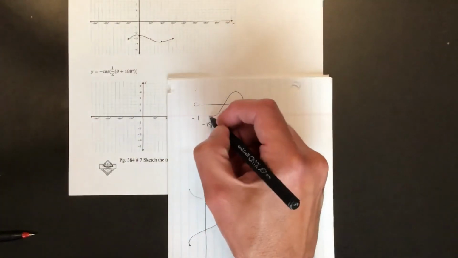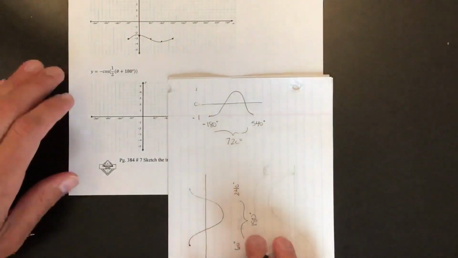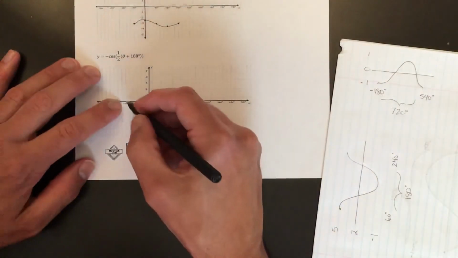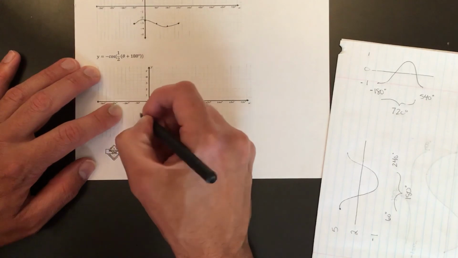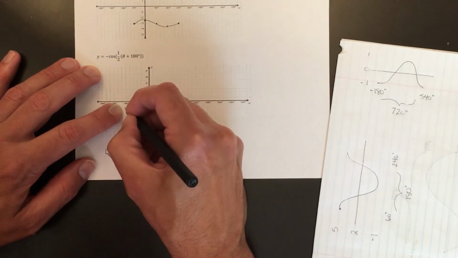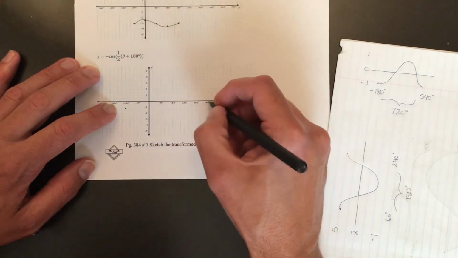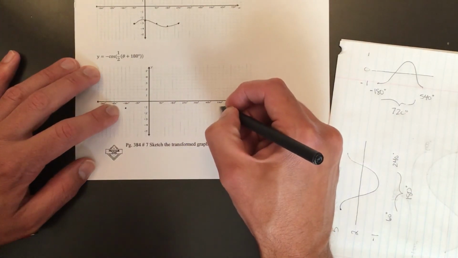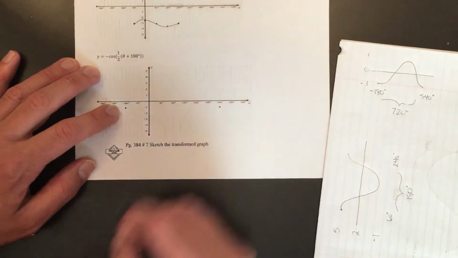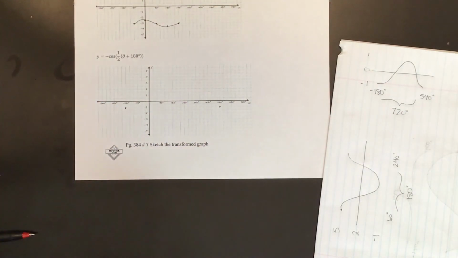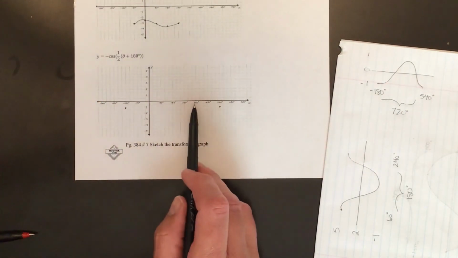So my first point is going to be at negative 180 and negative 1. So negative 180, negative 1, 540, negative 1. Now the middle would normally be 360.